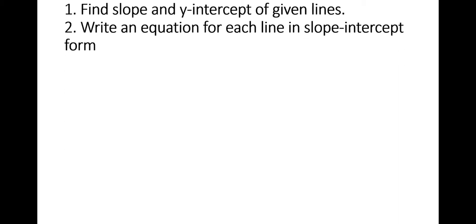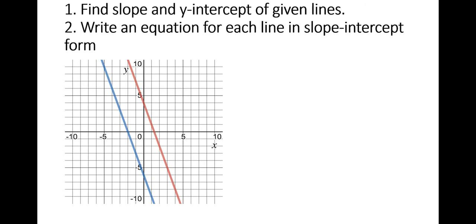Find the slope and y-intercept of the given lines. Write an equation for each line in slope-intercept form. Again, the same example. It's going down the hill. Let's find the slope and the y-intercept for the red line first. The y-intercept for the red line is (0, 4).